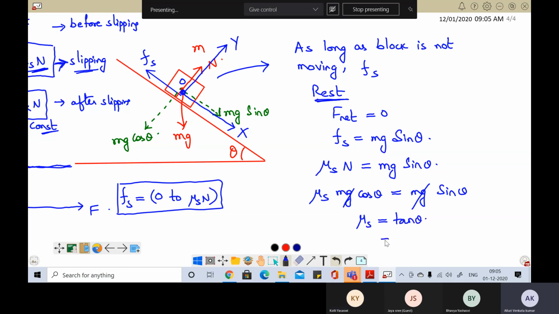Tan theta. What is theta given? 30 degrees. So what is tan 30? 1 by root 3. How much is 1 by root 3? Exact value.